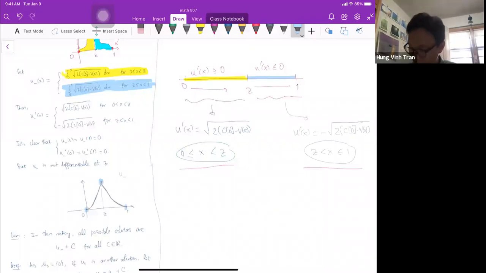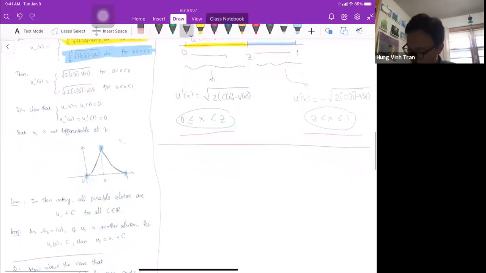Yeah, let me redraw this picture here. 0 and 1, maybe z. So we are increasing from here after some point, and then decreasing down.